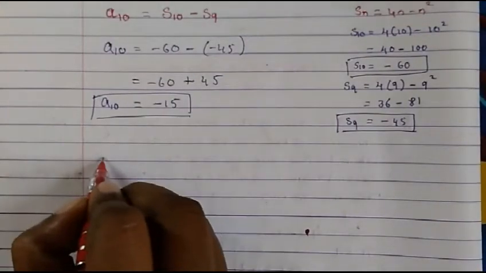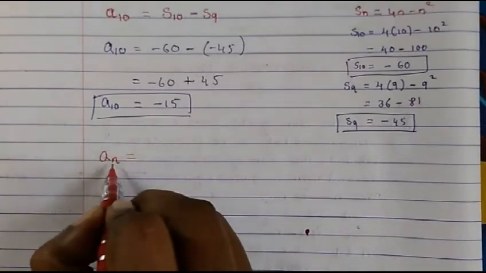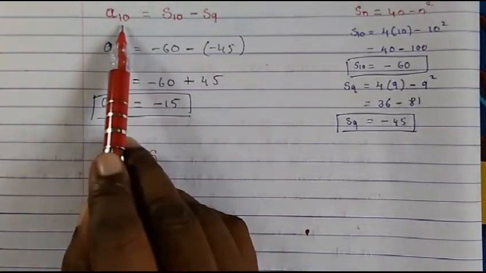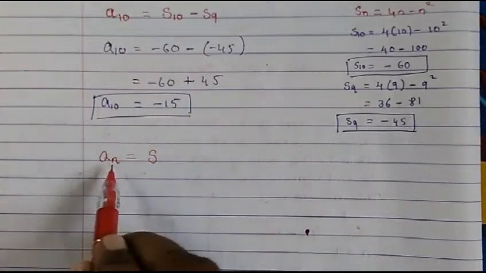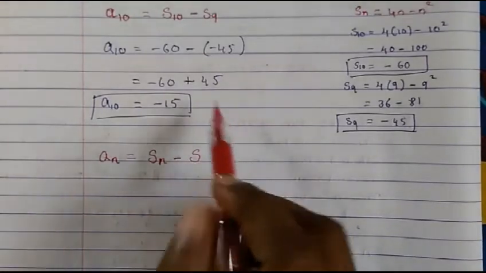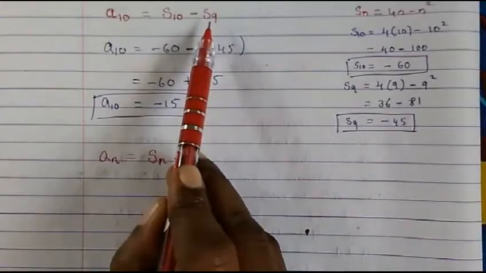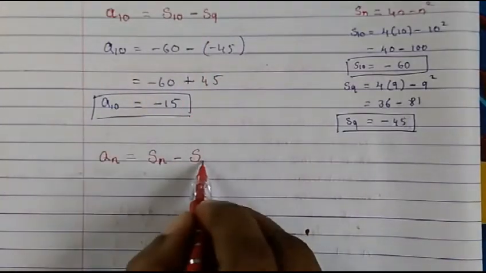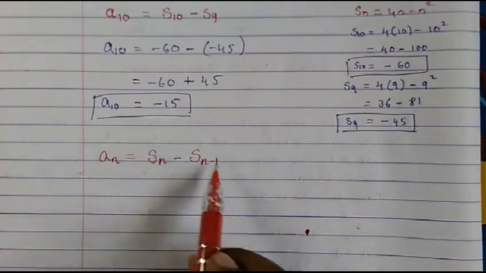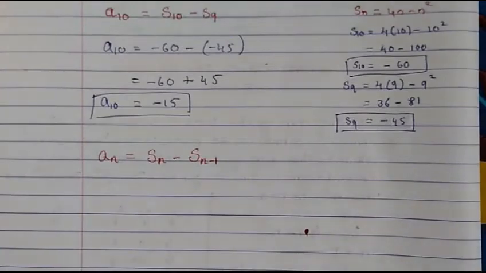Nth term means, see here, if 10 is here, then 10 minus 1 will give us 9. In the same way, if n is here, then n minus 1. So we have to find Sn and Sn minus 1. Let's do it here.